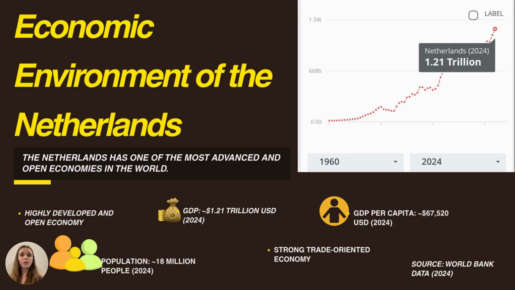According to World Bank data, its GDP was about 1.21 trillion US dollars in 2024, with a GDP per capita of around $67,500, which reflects a very high level of development and a strong purchasing power.